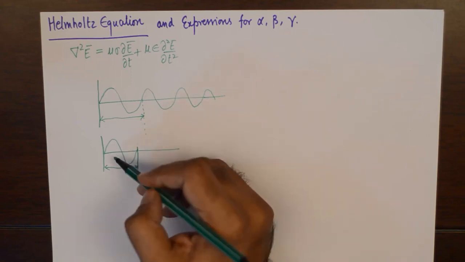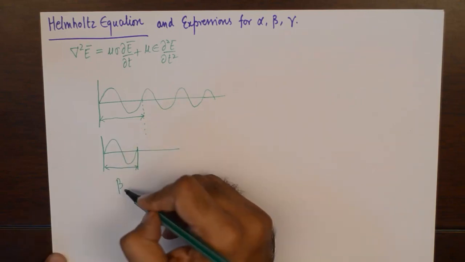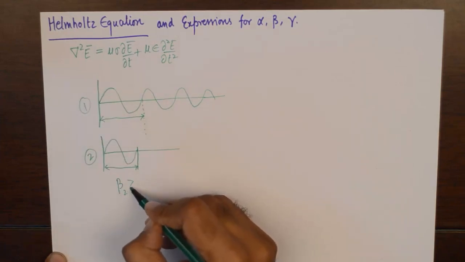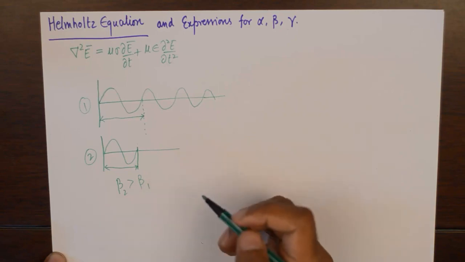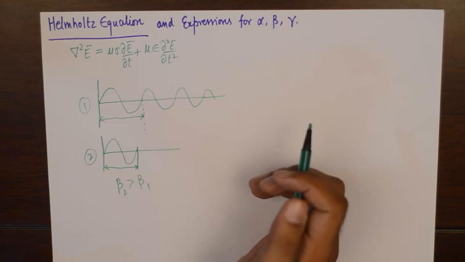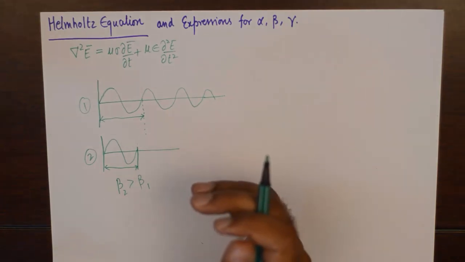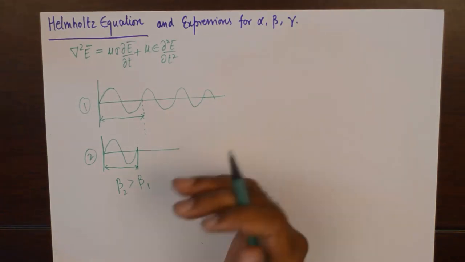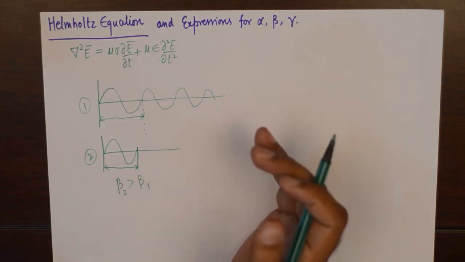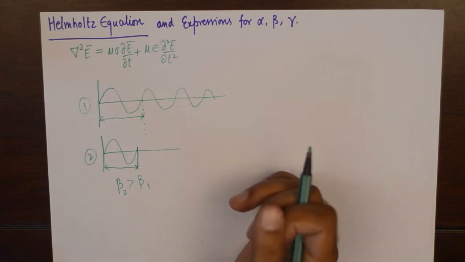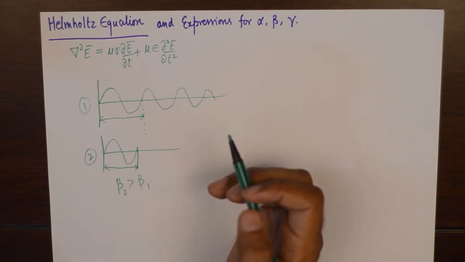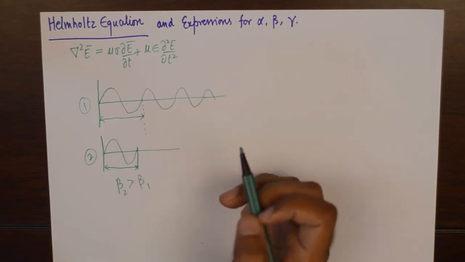So we would say that beta of wave 2 is greater than beta of wave 1. Now the basic understanding of phase constant tells you that any wave with a higher beta would likely be of a higher frequency. Any sinusoidal wave will have that characteristic for sure.